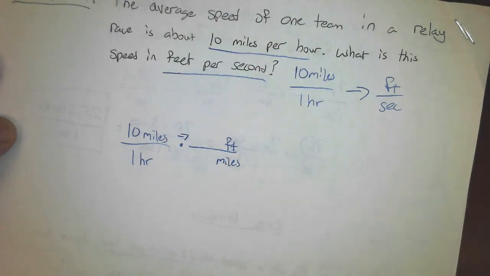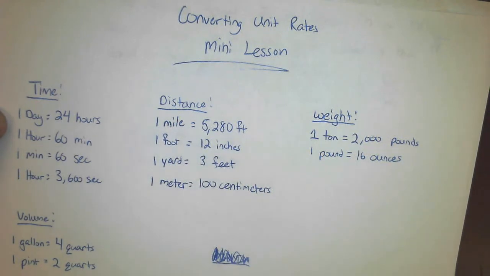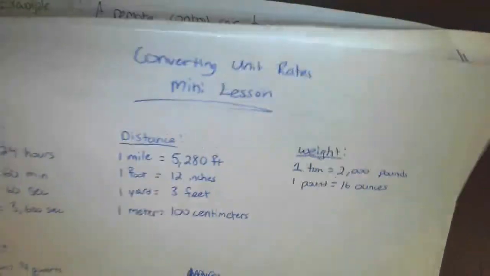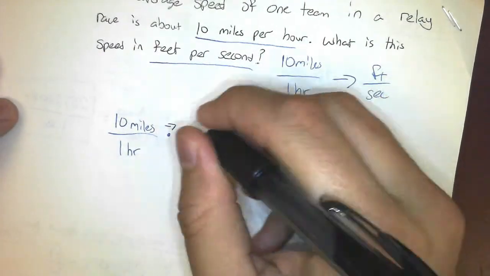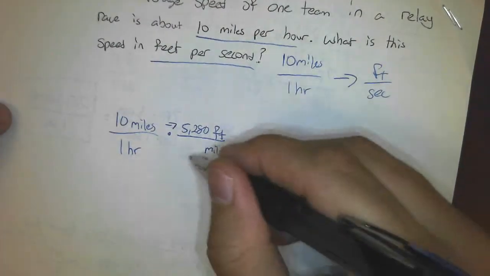So I'll take a look at my sheet, and it says that 1 mile equals 5,280 feet. So with knowing that, I can plug those numbers right in. Feet are right here, so I'm going to put 5,280 feet. And that was for 1 mile.